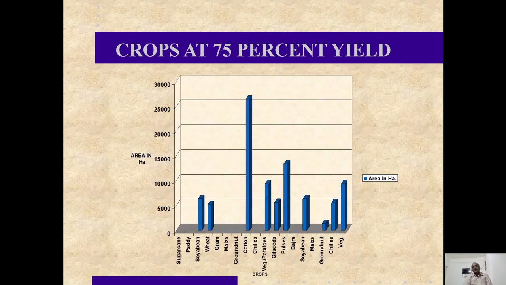So this is the normal year of rainfall. We consider that at 75% dependable yield, also 75% reliable. So in this case, soybean, wheat, cotton, veg potatoes, oil seeds, pulses, soybean, chilies, veg potatoes. These are the cropping patterns obtained at 75% reliable.